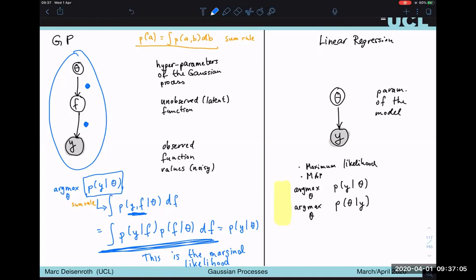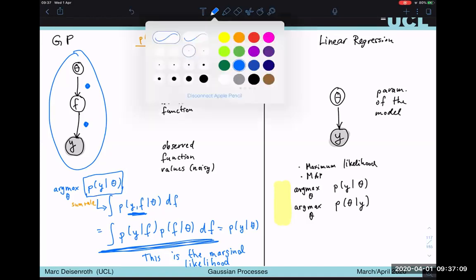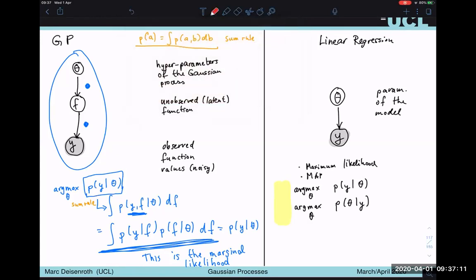It's not exactly a maximum likelihood because the likelihood would only be this term here. So that is the likelihood. This term is the likelihood.